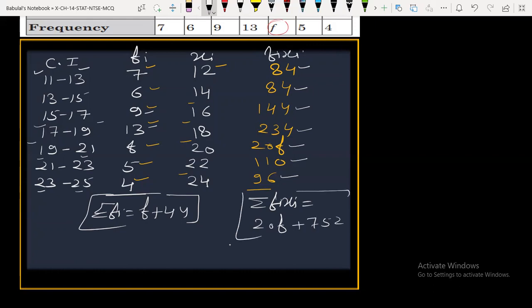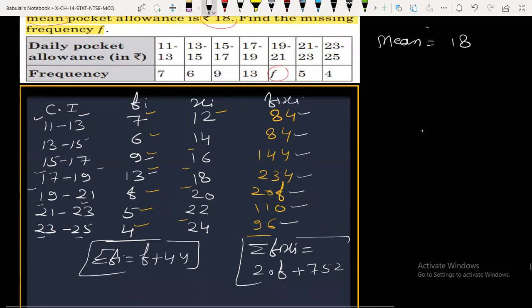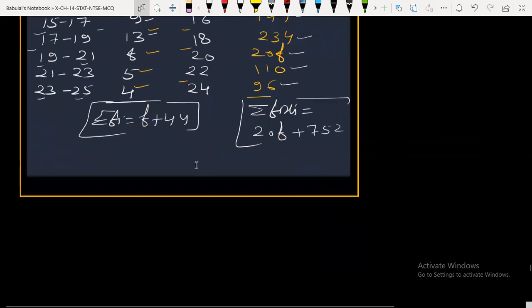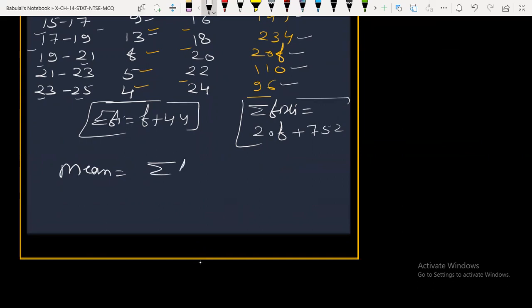752. Now the mean is already given to us, that is 18. Sorry, it is not median, it is mean. So mean is equal to total of fi xi upon total fi.